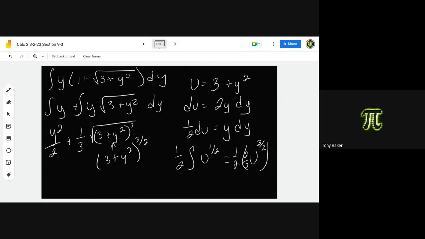Yes. Because that's a 2 and that's a 2. So 2 divided by 2 is 1. But the 3 is inside, the 2 is out here. Oh, okay.